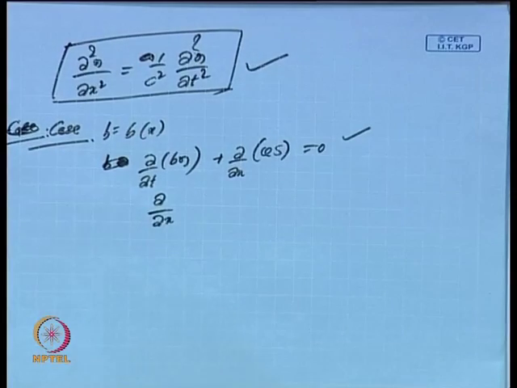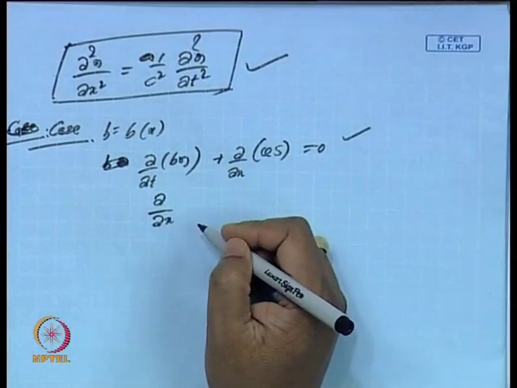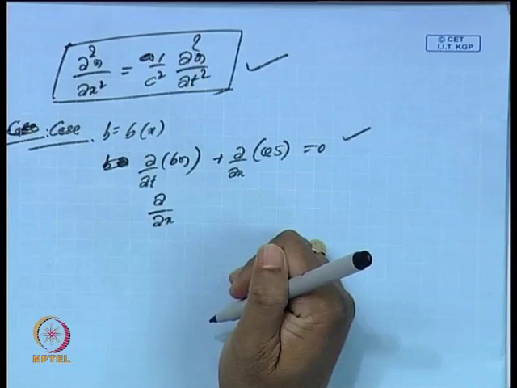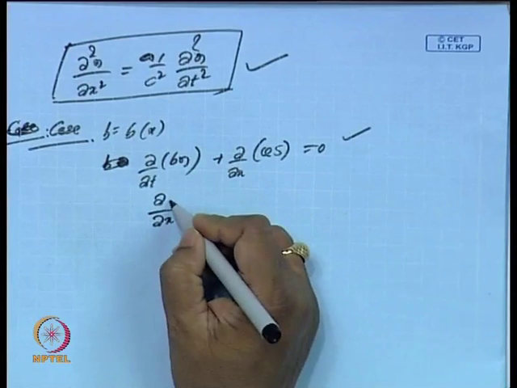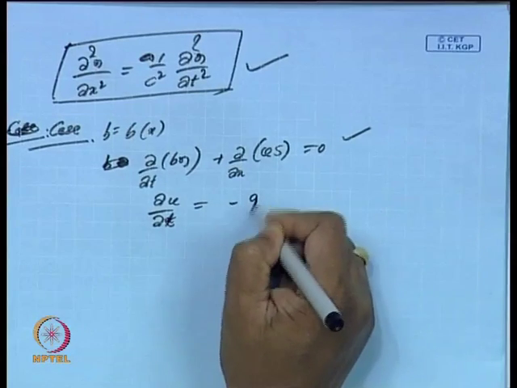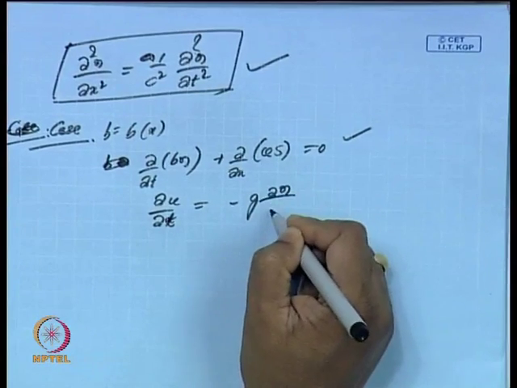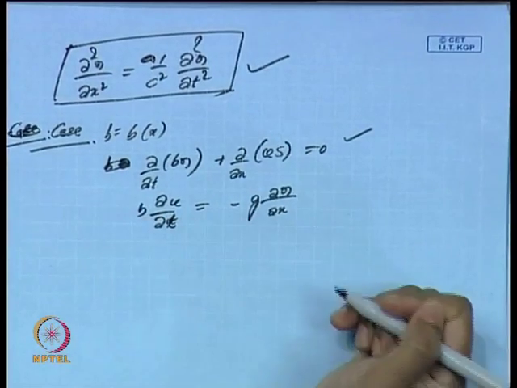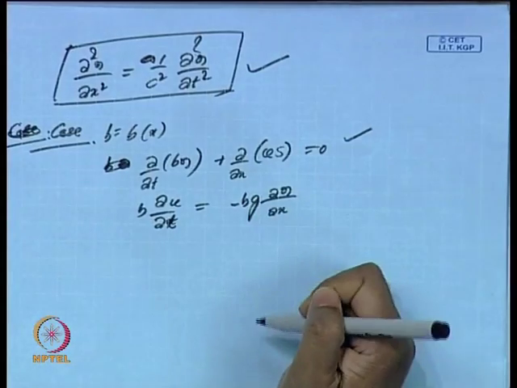Then the equation of motion is del u by del t is equal to minus g del eta by del x, and which can be written as, if I say b, this is b.